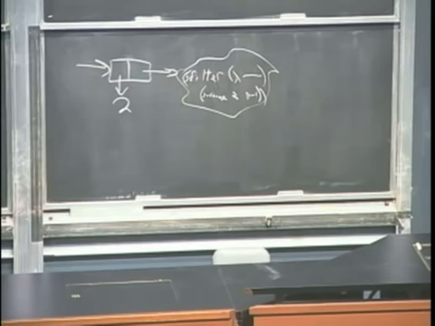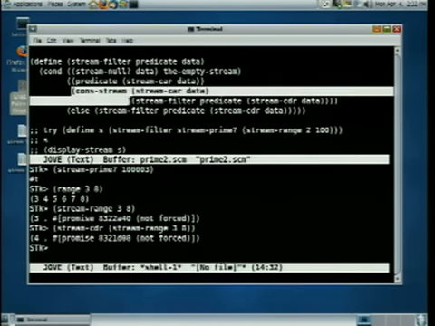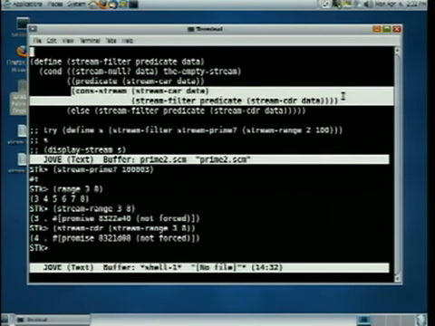Yeah, good question. Let me reword your question by going back to stream filter and looking at this right here. So stream car satisfied the predicate. 2 was a factor of 1,000,000. So we do this.